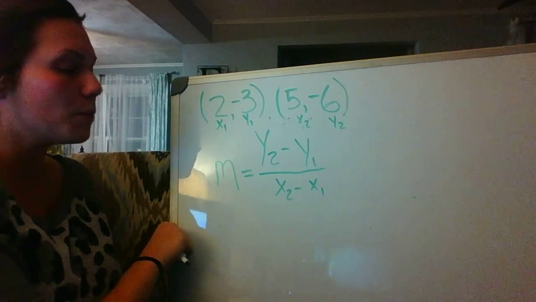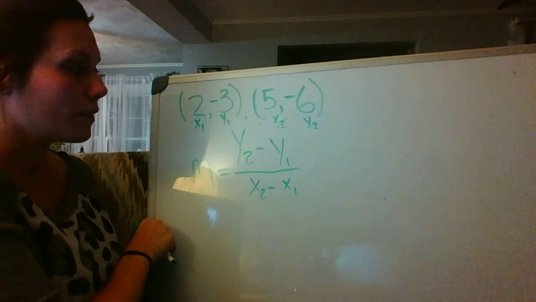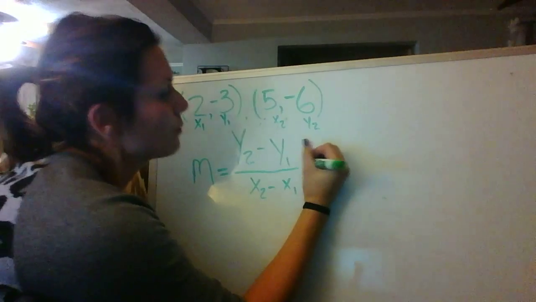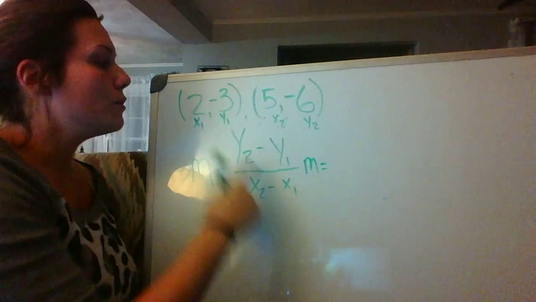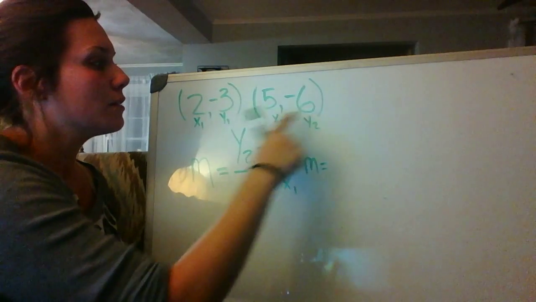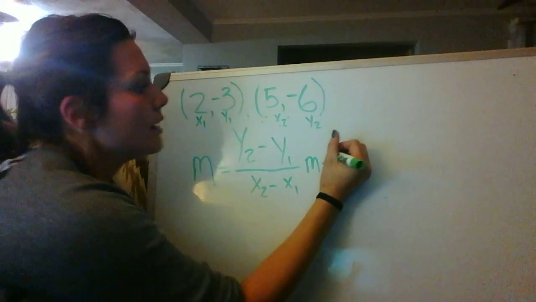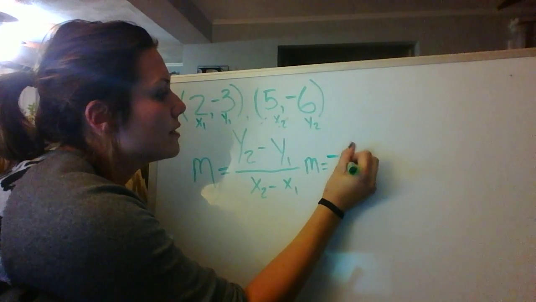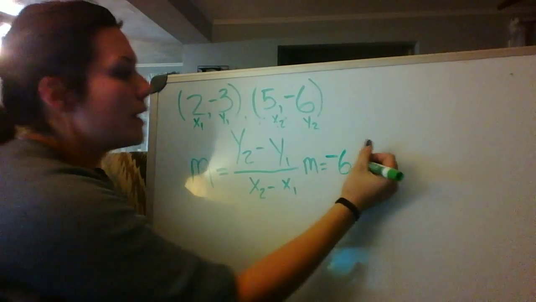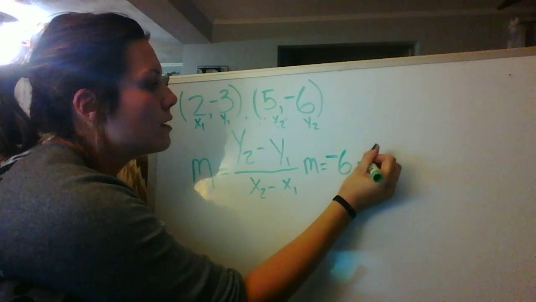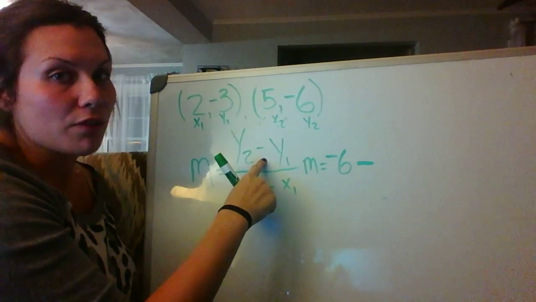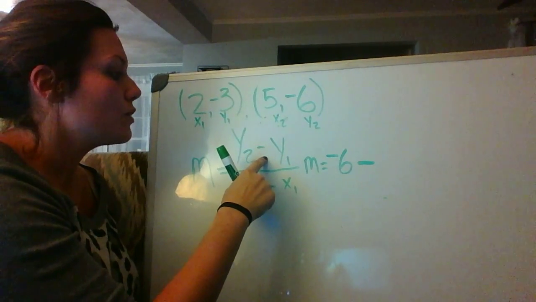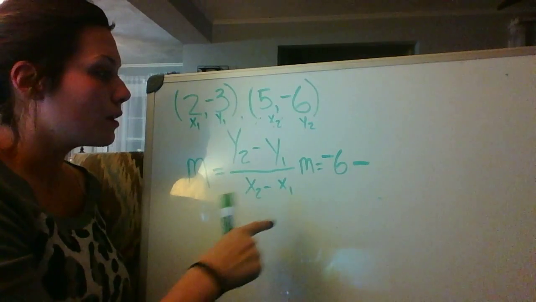So I'm going to put these points into the equation. So I'm going to rewrite it. M equals my y2. When I look up at my points, y2 is negative 6. So I'm going to write negative 6 minus. I'm going to write minus or subtraction because that is what my formula says. I'm always going to stick to what my formula says.